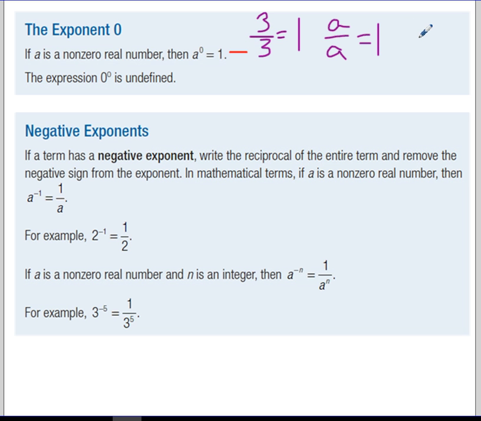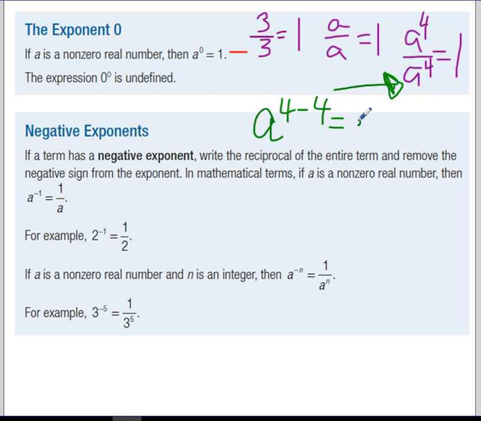Or a to the 4th divided by a to the 4th is equal to 1, right? Because anything divided by itself equals 1. So let's take a look at this last one for a second and use the rule that we just learned about subtracting exponents. When we divide, we subtract. So we'll have a to the top exponent, 4, minus the bottom exponent, 4.